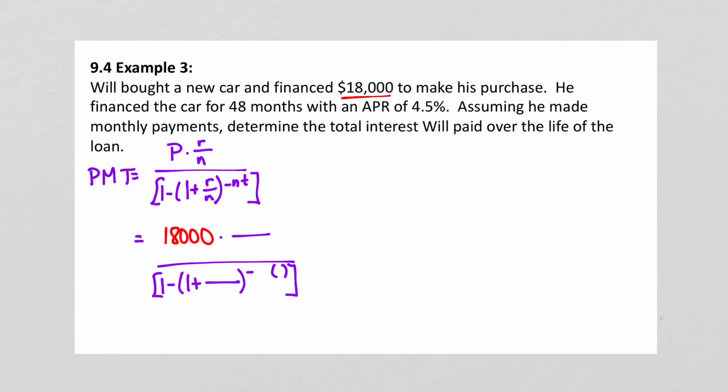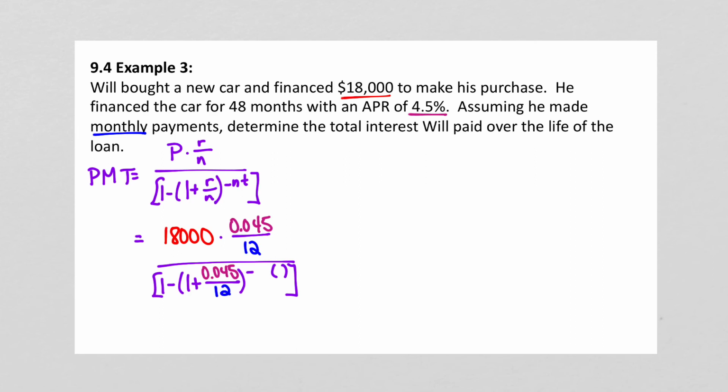And the interest rate is 4.5%, so 0.045. We're making monthly payments, so N is 12.